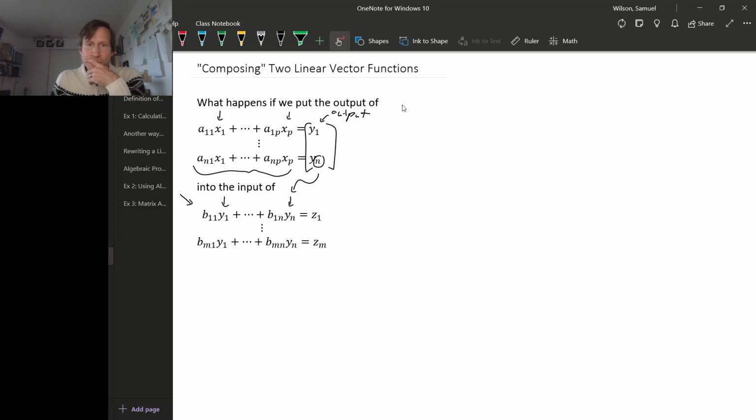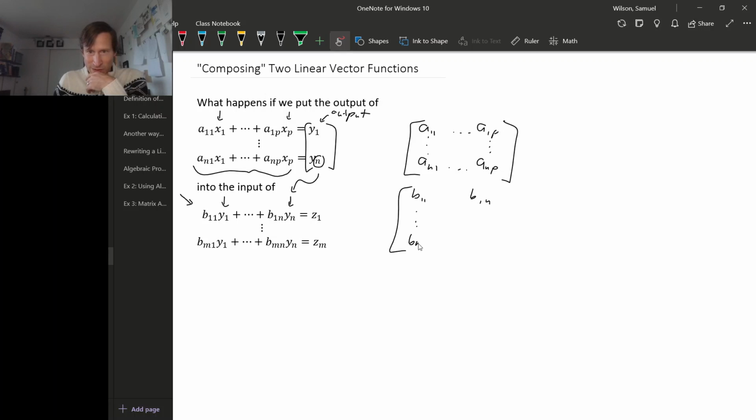So what operation does this give us when we write down the matrices? Well, for this first one, the corresponding matrix is just the A's, A11 up through A1P, and AN1 up through ANP. And for the second matrix, this is B11 up through B1N down to BM1 over to BMN.